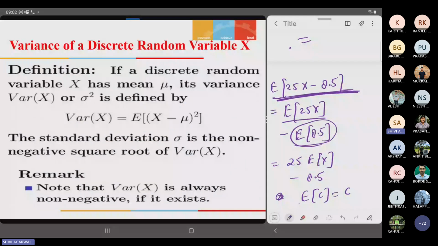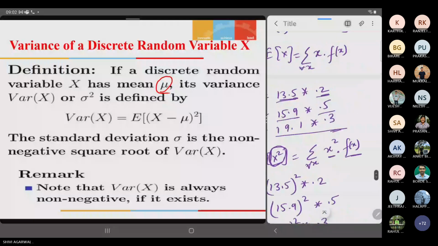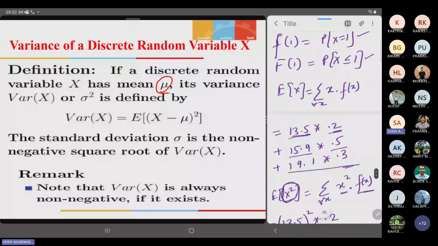Okay. So the mathematical definition: if the mean is mu, which you have calculated as the expected value, this is also denoted by mu. So we are saying the deviation from its mean. That's why expected value of x minus mu whole square. So here we take x minus mu whole square, and we find the expected value.